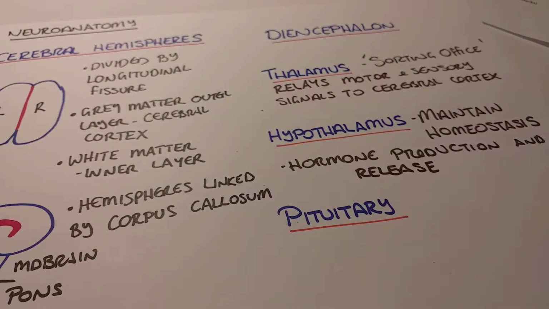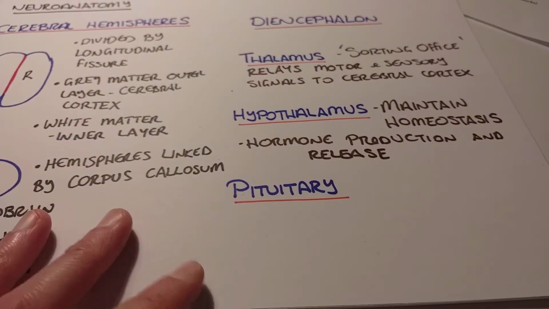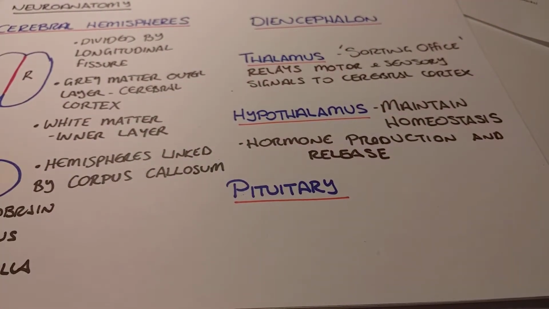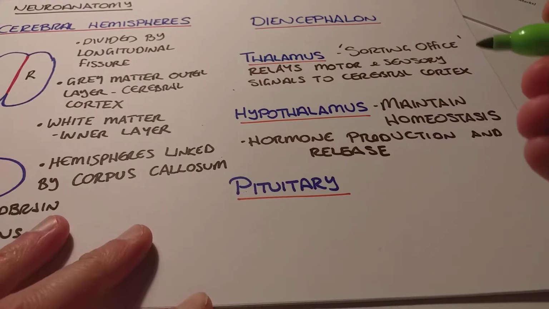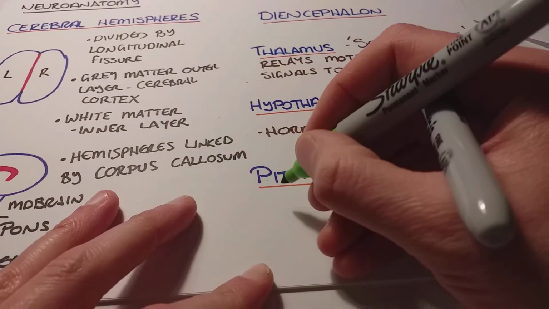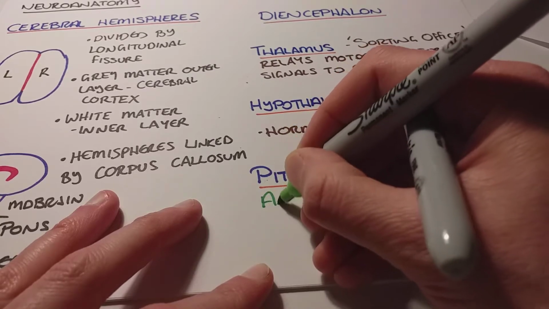And then our pituitary. I always find this really difficult to remember. So we're going to use extra special colours now. You've got anterior pituitary and posterior pituitary, and they both do different things.